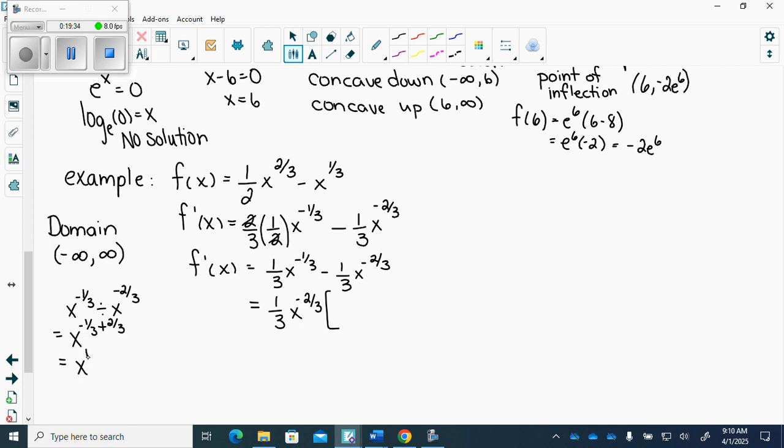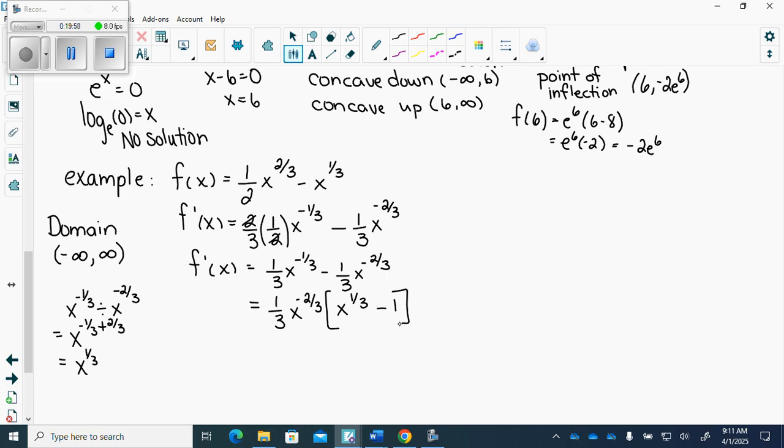So I'm going to get x to the 1/3. Now some people are like, but Mrs. Lepp, you said it always became 1. Yeah, when we did a chain rule. We didn't do a chain rule. This is just power rule, right? So we're going to get x to the 1/3 here. And then when I take 1/3 x to the negative 2/3 out of negative 1/3 x to the negative 2/3, I'm left with a minus 1.